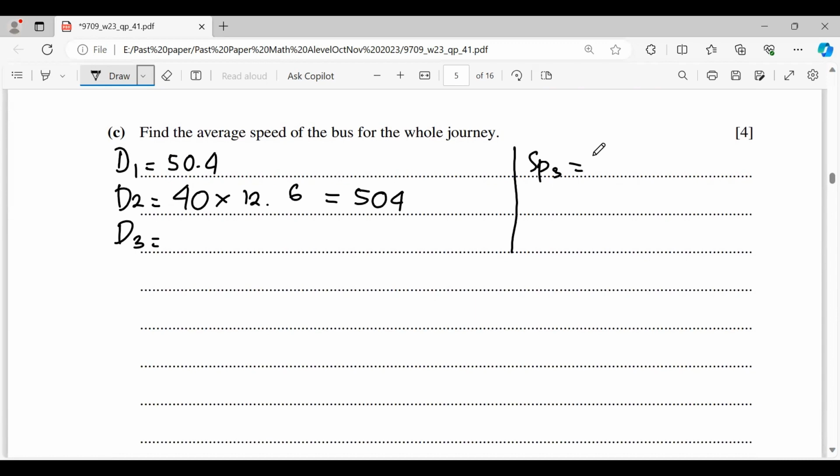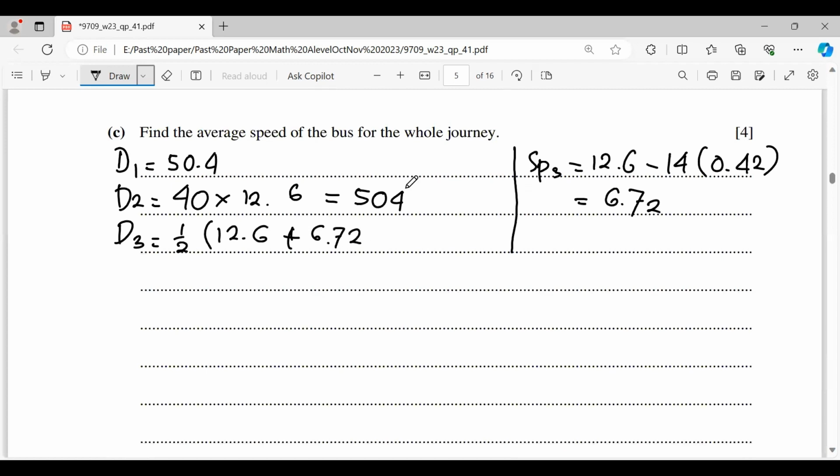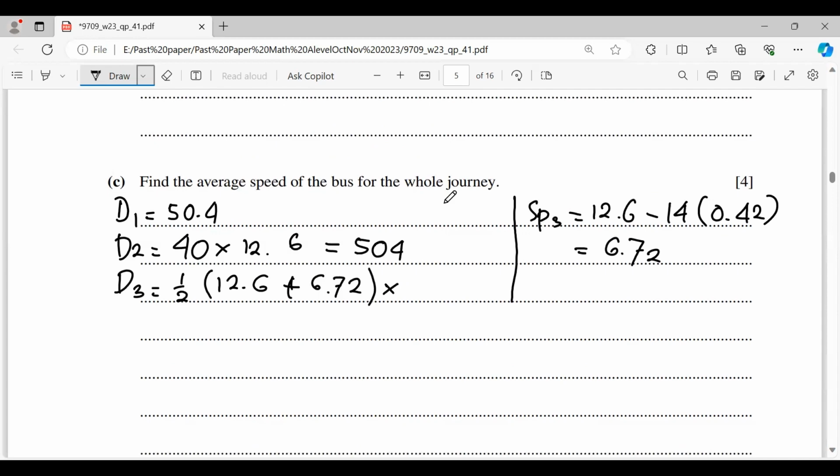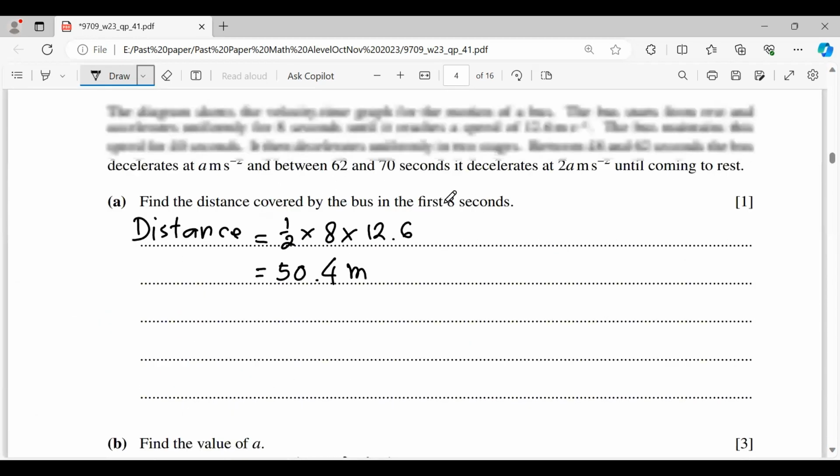So it's going to be 6.72. So that's why here, the area is half times 12.6 plus 6.72, times, wait, mistaken, 14.